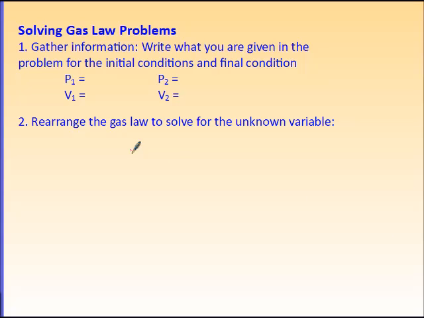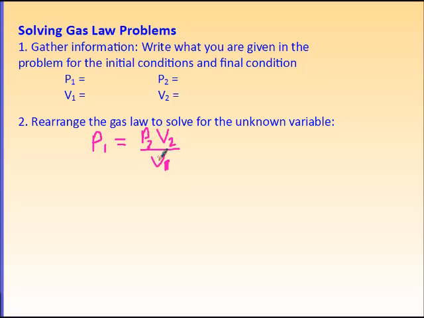Second step, rearrange the gas law to solve for the unknown variable, whatever the unknown variable might be. If I had P1 and I'm trying to find P1, I know that P1 times V1 is equal to P2 times V2. So how do I solve for it? I can do this.